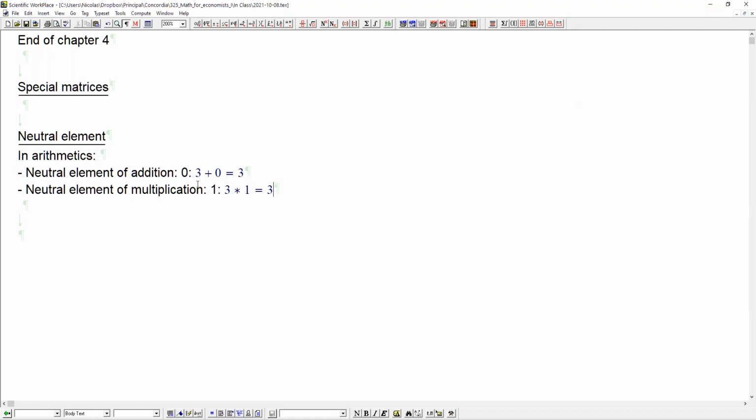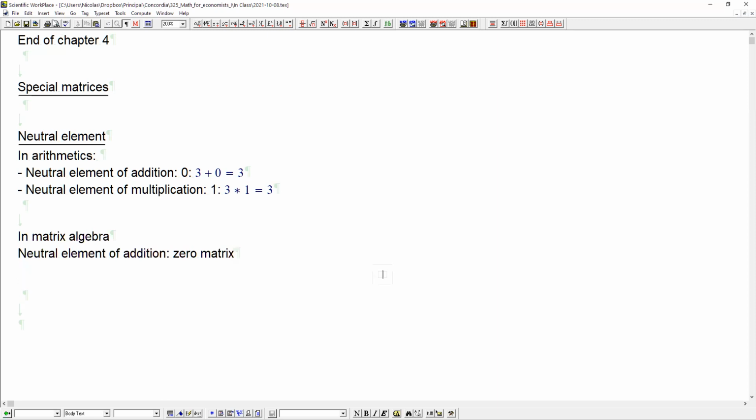So we have the same thing in the matrix algebra. So we have the neutral element of addition for matrix algebra. So the neutral element of addition is the 0 matrix. So you may guess what it is. It's a matrix of zeros.